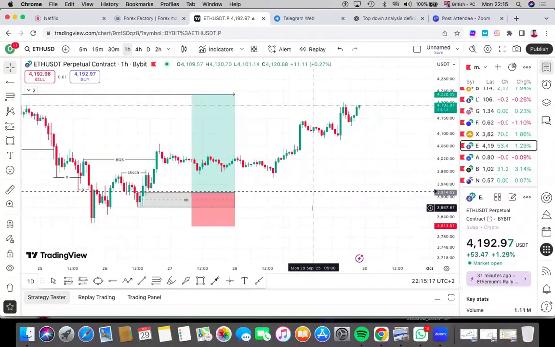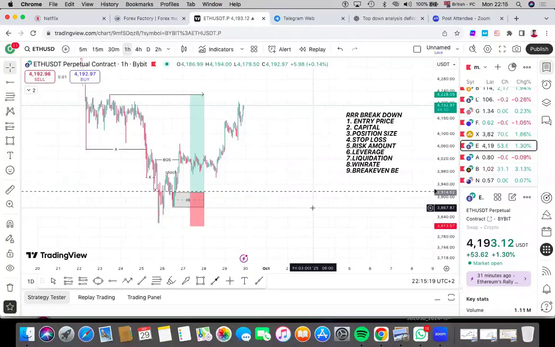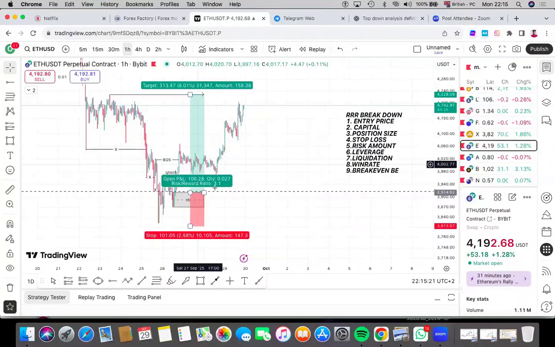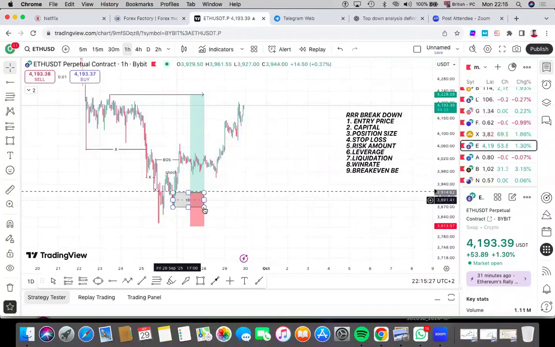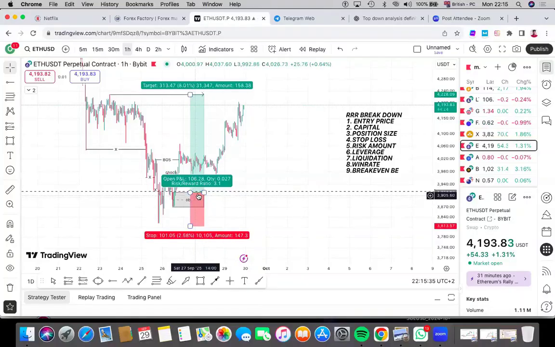So now let's come back to what we were talking about. Here you can clearly see everything that I put here is applied here. Our entry price is 391.14, which is where I marked here on the order block, right? The entry price, and then I have a target.